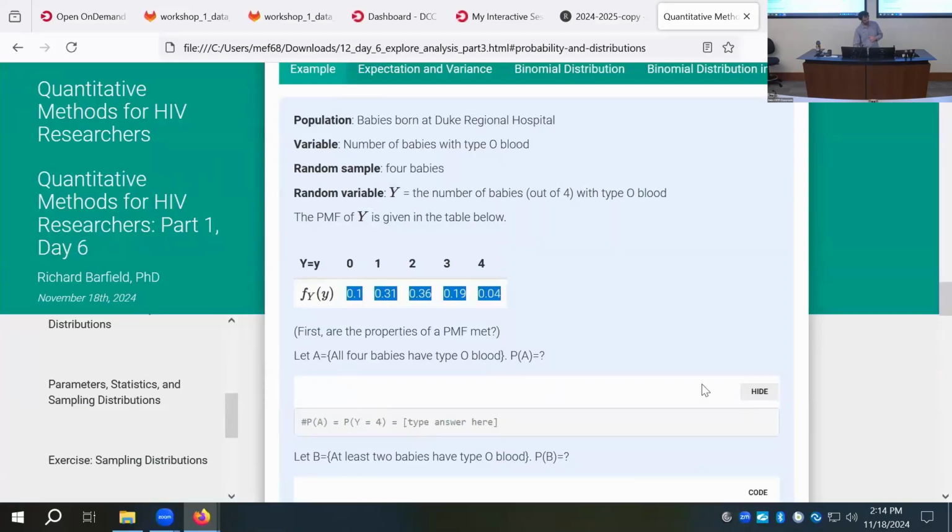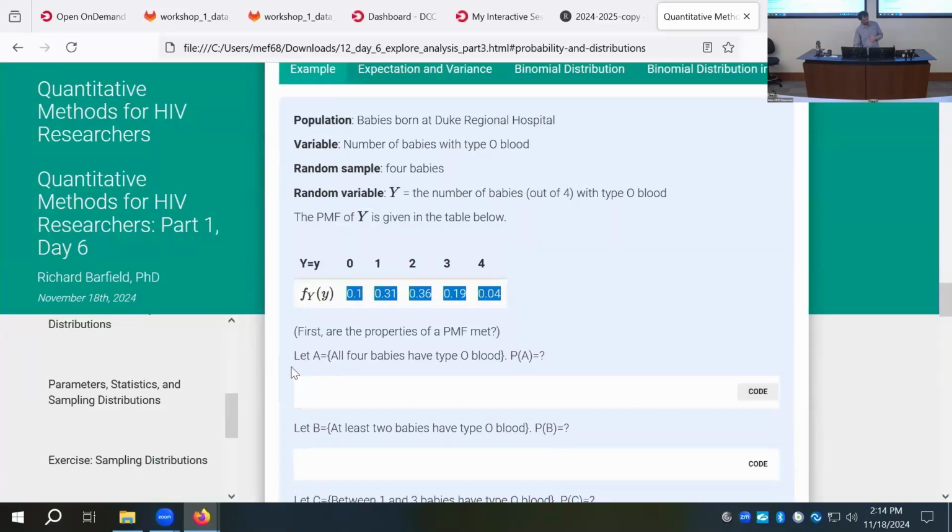All right, so a question for everybody in the room and on Zoom: what is the probability that all 4 babies have type O blood? Not a trick question, I think. Remember, this table is telling you the number of babies that have it, and the probability is listed below that.